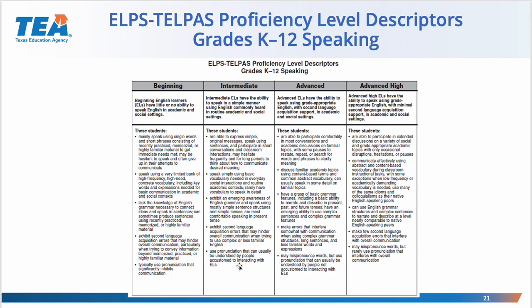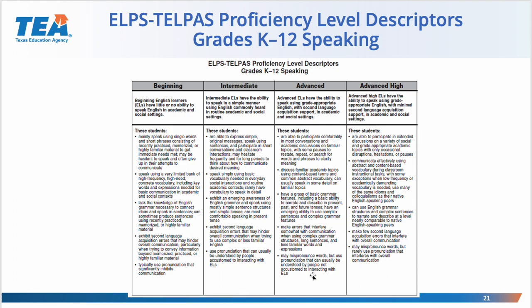So if I understand people who speak with accents, then I may rate them intermediate. But if my friend wouldn't understand them, right? Wait, I might be confusing myself. Understood by most people not accustomed to interacting with ELs, right?